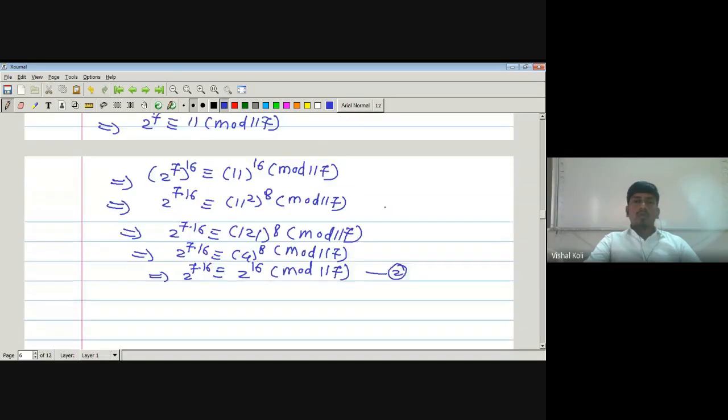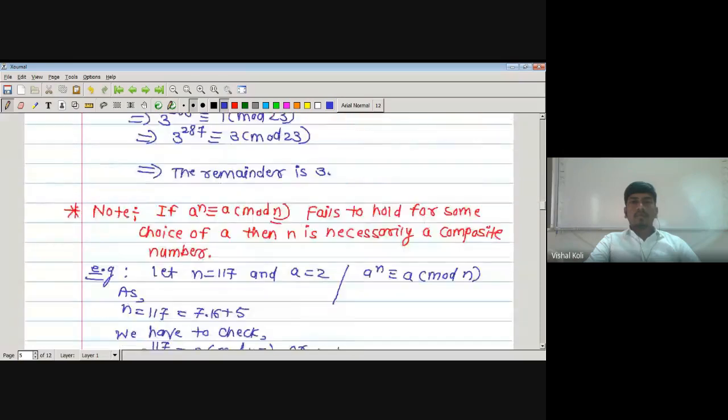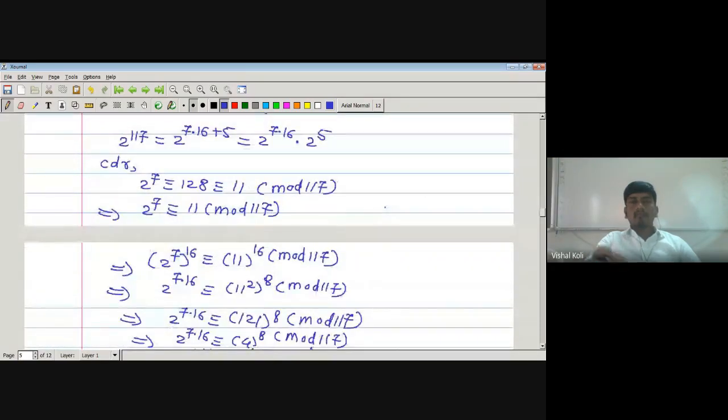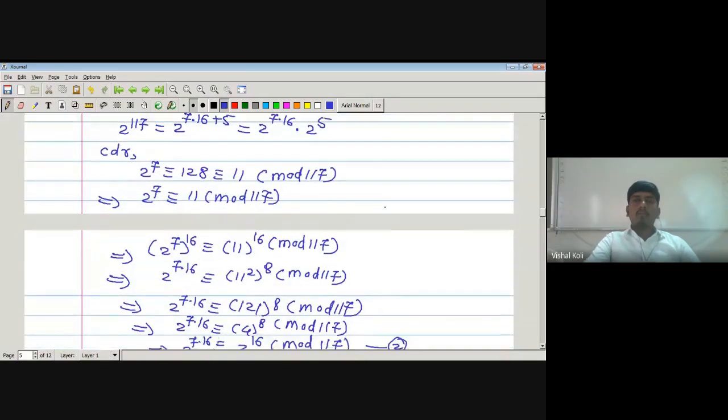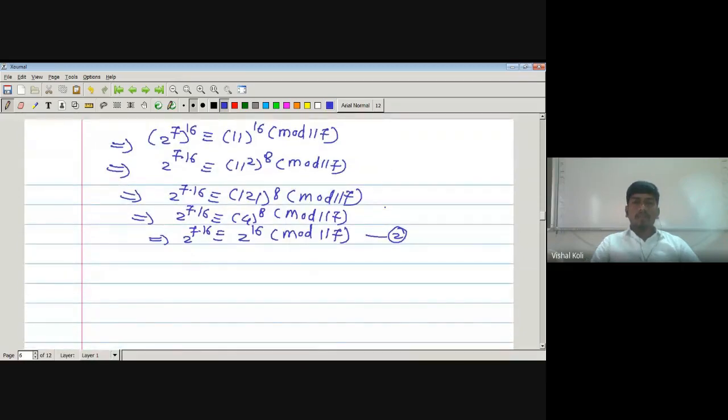Now we have to find out the value of 2 raised to 5. Multiply both sides of equation 1 by 2 raised to 5.